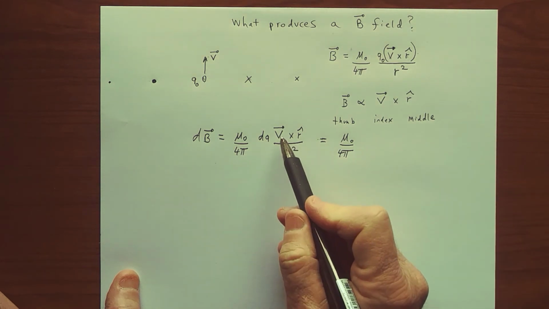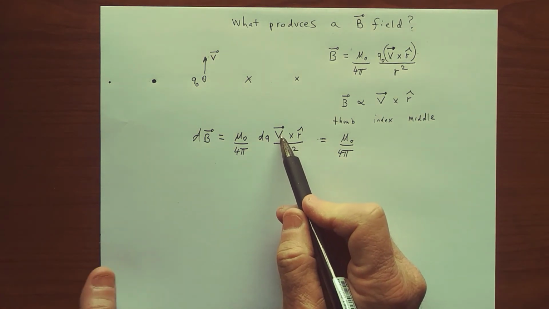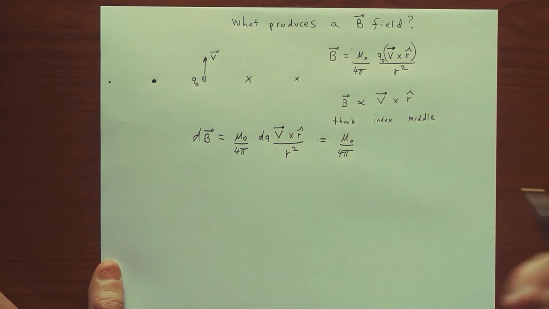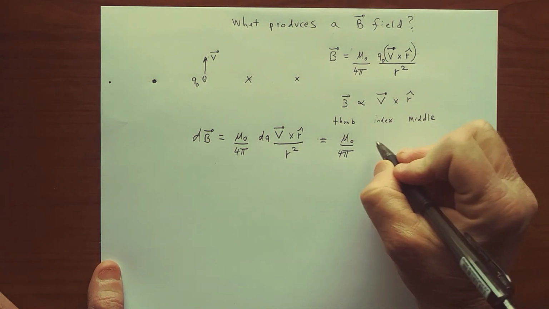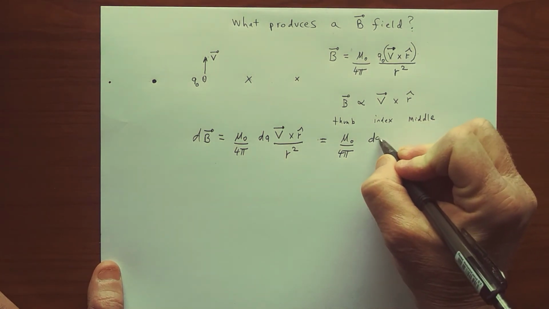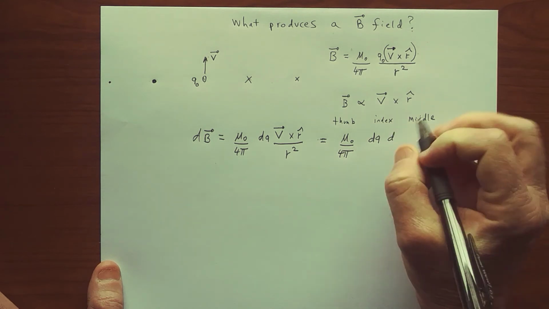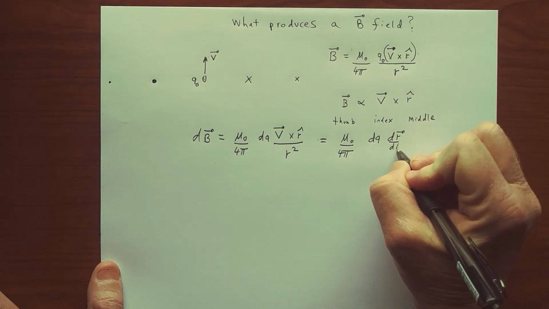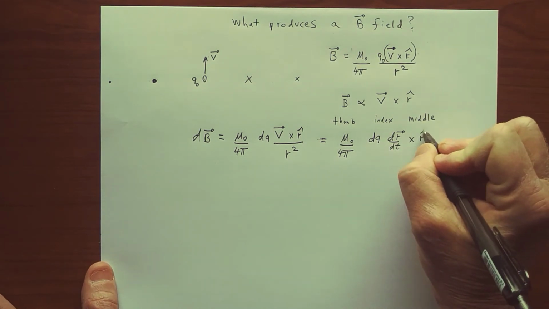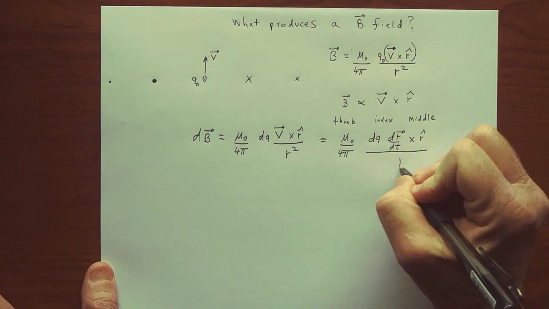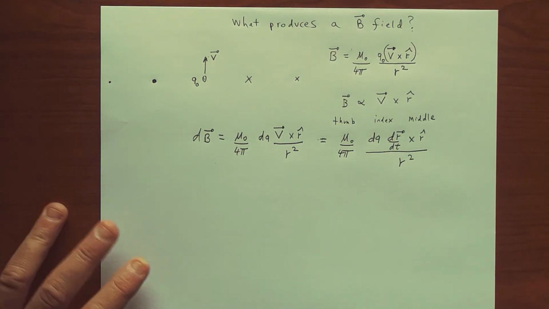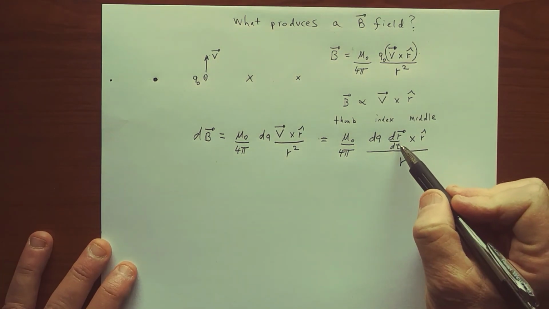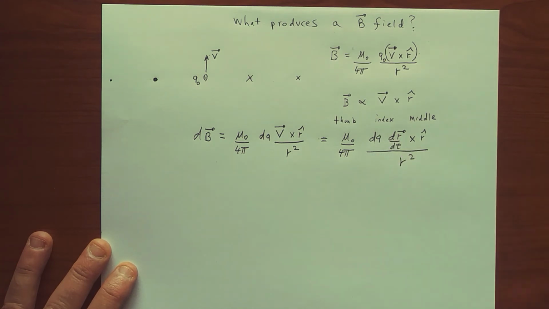Now let's take advantage of the fact that v is dr over dt. So let's just write it in two steps. So we have dq, then we have d, say r over dt cross r hat, all of this over r squared. And so I can, in a sense, move the dt over to here and think of these as ratios, right? Think of the derivative as a ratio.